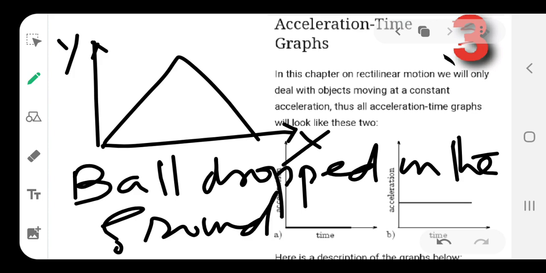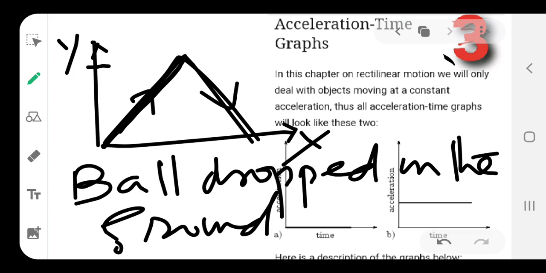As you can see, as the ball falls, its speed increases. As the ball is dropped on the ground, the graph increases, and as the ball bounces back after hitting the ground, the speed decreases uniformly and becomes 0 at the highest point.